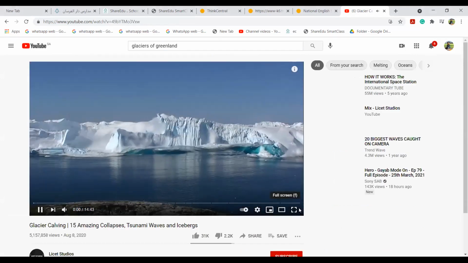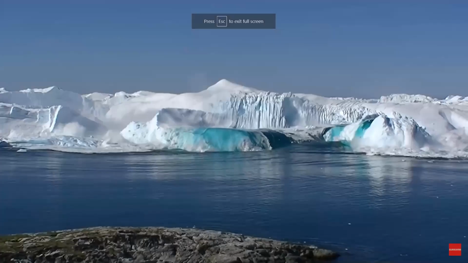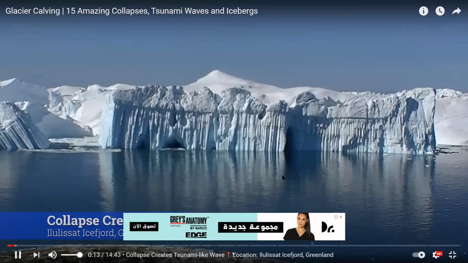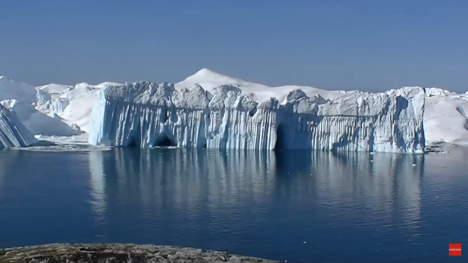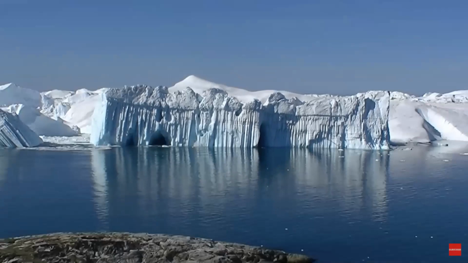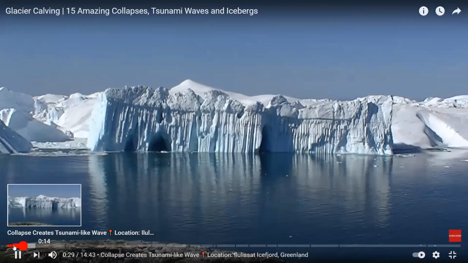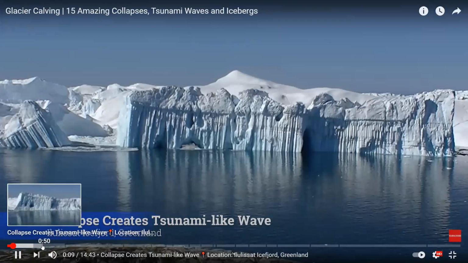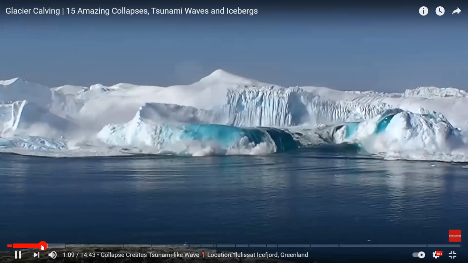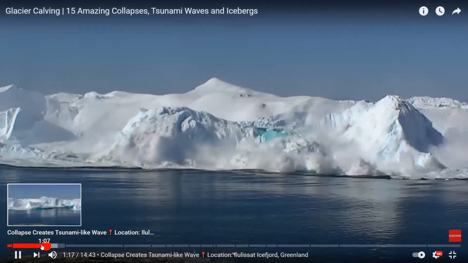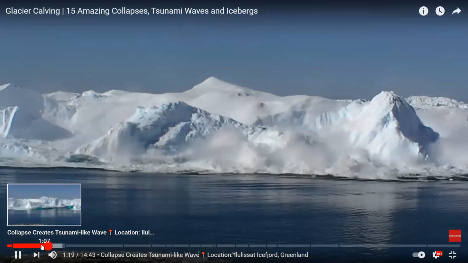See. These are glaciers, and this is a tsunami of glaciers. See, this is in Greenland. Maybe a volcano occurred under the ground, and see how the tsunami of glacier occurred. Can you watch this video, girls? Are you able to watch it? In Greenland. It's trying to break those glaciers.